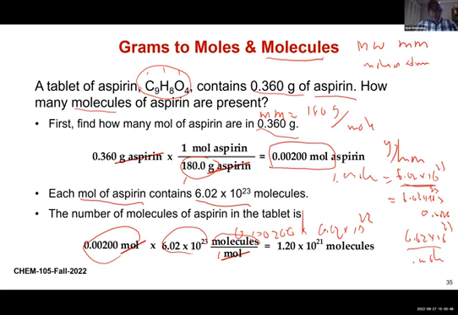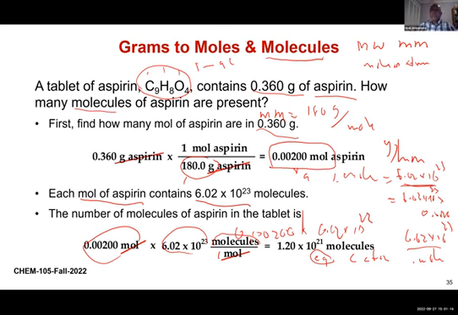Now, let me explain something further. There are 9 carbon atoms, C9. How many carbon atoms are there? That number multiplied by 9. Each unit contains 9 carbon.